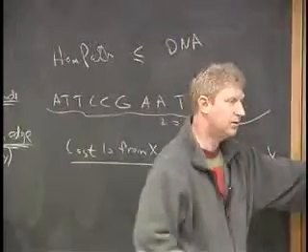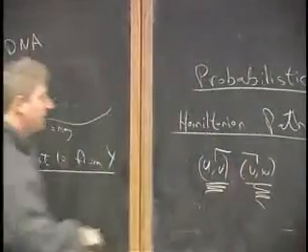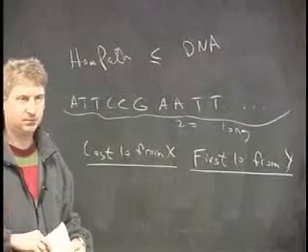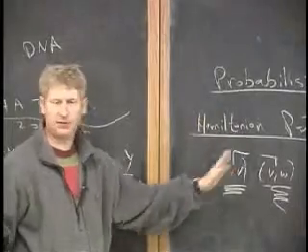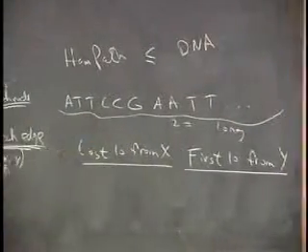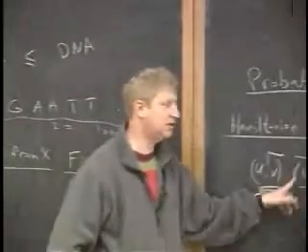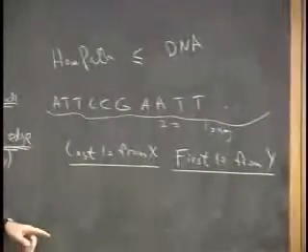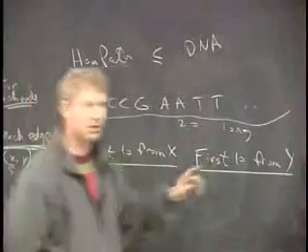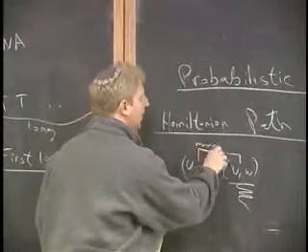The first 10 from V. This part is the first 10 from V, and this part is the last 10 from V. The edge that represents UV, at the end of it, the second half of it, has the first 10 symbols from the node representing V, and the strand that represents the edge VW, at the beginning of it, has the last 10 symbols of the node that represents V. So all we have to do is throw something in that's going to match up and sew these two together.